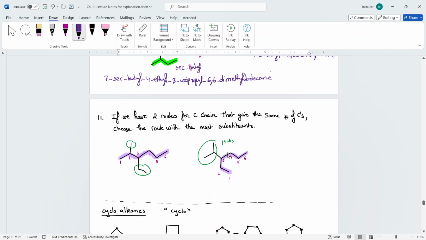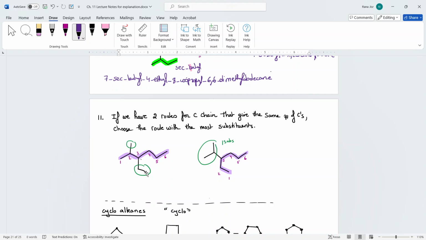Or instead of going this way, I can go this way and choose the longest, which is still 6. So with this one, I'm going to get a 6 carbon chain. With this one, I'm going to get a 6 carbon chain. These are the same structures, guys, okay? You can either choose the longest carbon chain from here, or you can do it from there. And both routes will give me a 6 carbon parent chain.